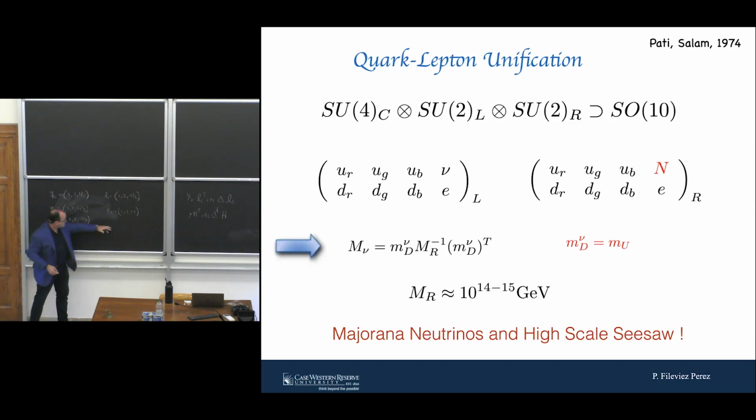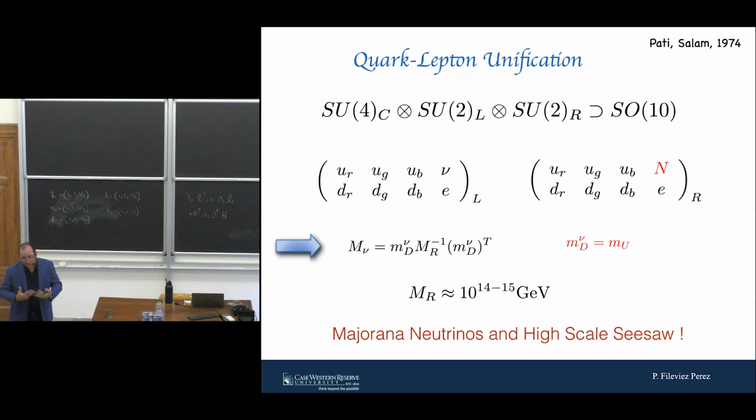I am missing something right-handed. Therefore, I need this right-handed lepton there to be able to complete the multiplet. This is the first prediction of right-handed neutrinos.